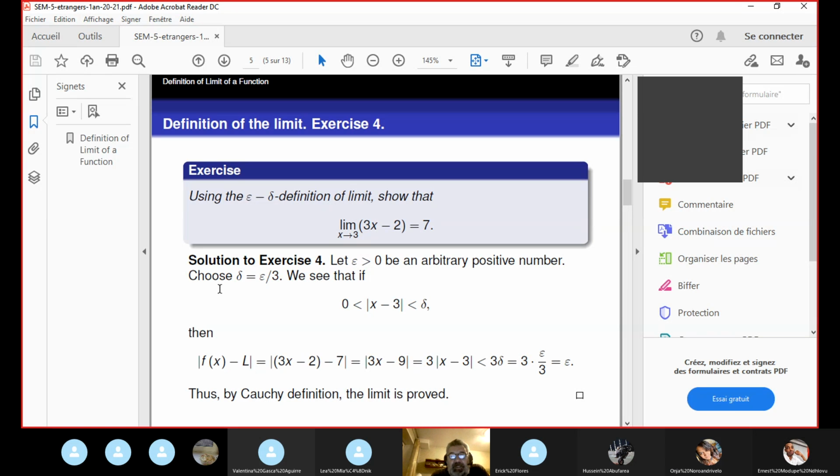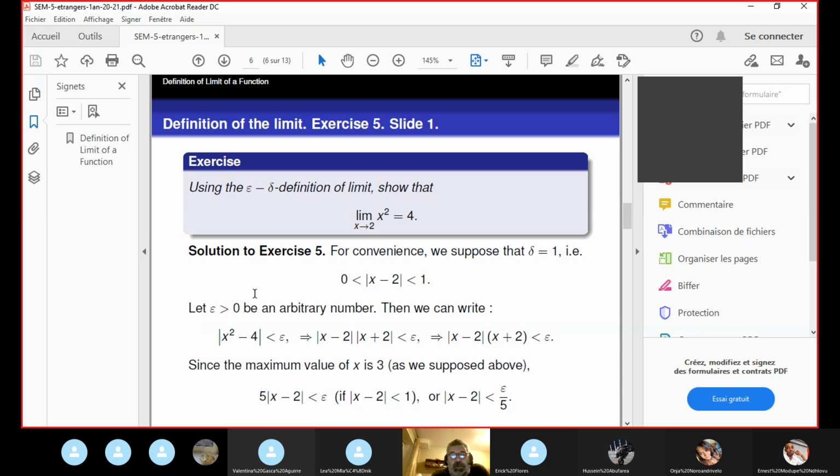Good. So, in the next exercise, we will try to deal with another function. Let's suppose that our delta is 1. In fact, why do we say this?